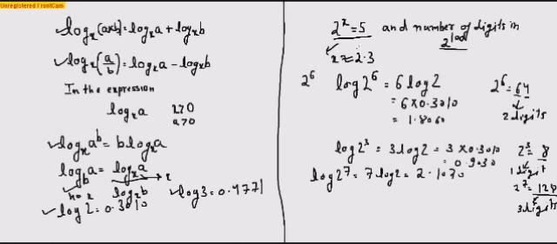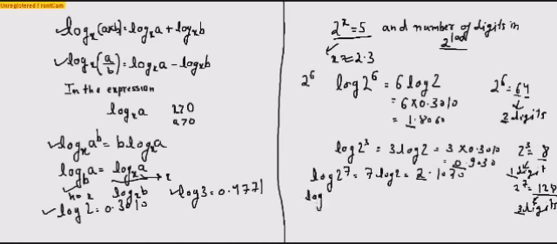Now we can clearly see a pattern here. That is, when 1 was here, I got 2 digits. When 0 was here, I got 1 digit. When 2 was here, I got 3 digits. Now this is the pattern using which we can find out the number of digits in 2 to the power 100.